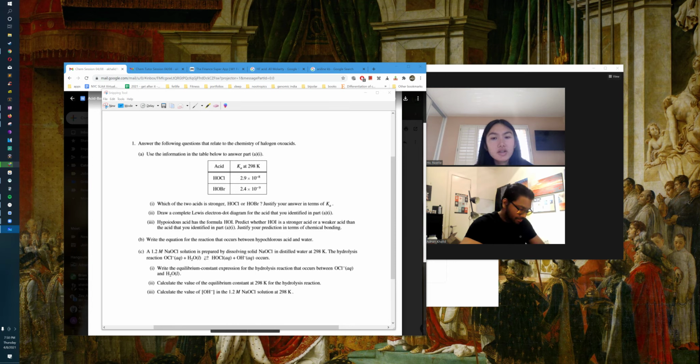It's the ratio of reactants to products. And the stronger an acid is, the more it'll produce products, right? H plus products. Yeah. So Ka is proportional to acid strength. So okay, which one has the larger Ka?